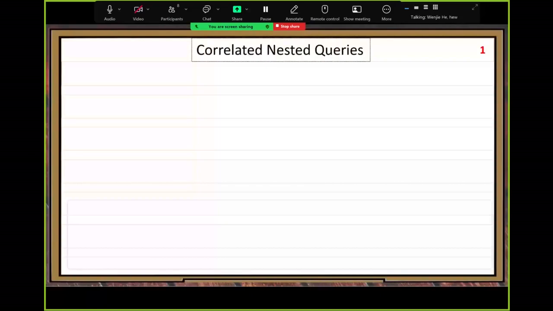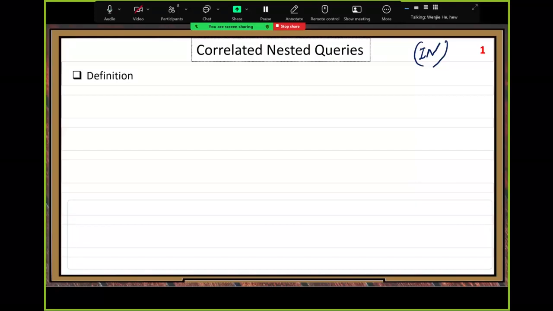First, what are correlated nested queries? In a few previous questions, you already did one or two. Remember when you use the in operator in some questions, that's a nested query.